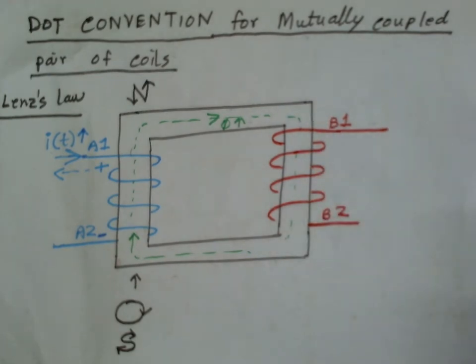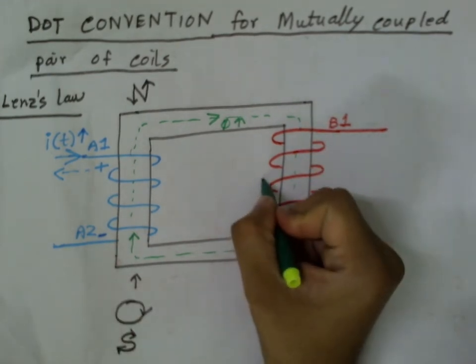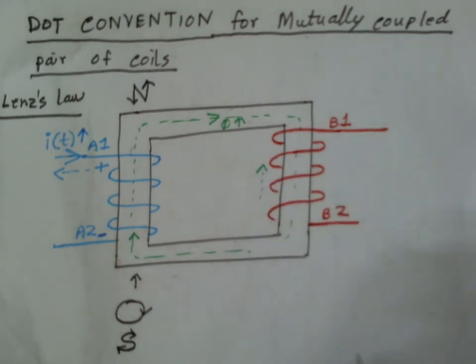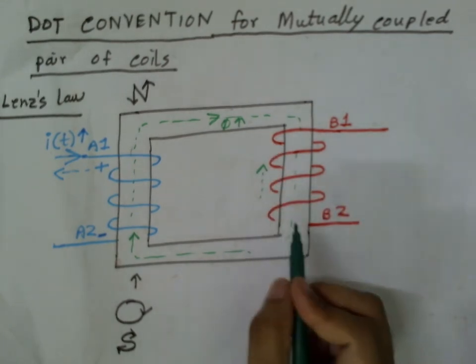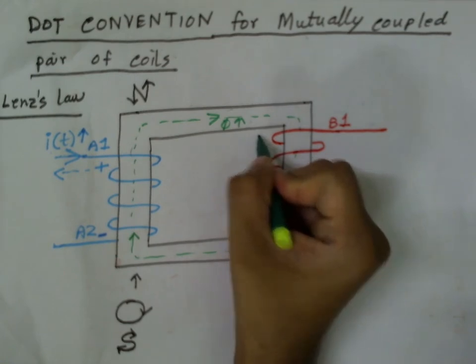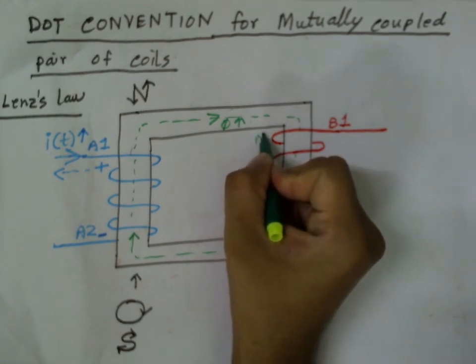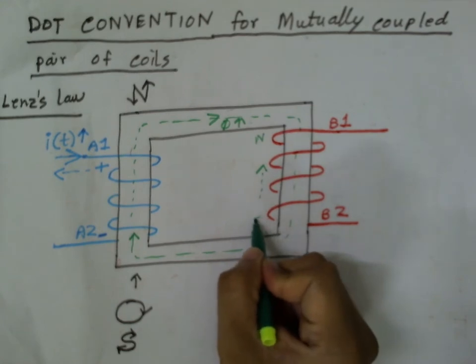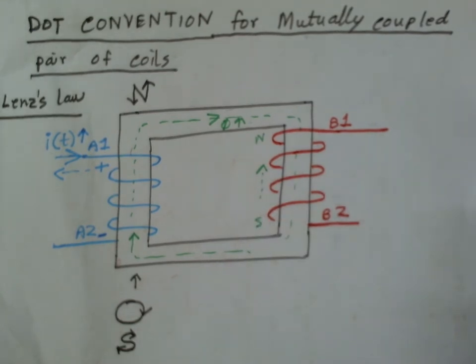So it should try to generate a flux in the upwards direction, or it should try to make this side north and this side of this coil south pole.